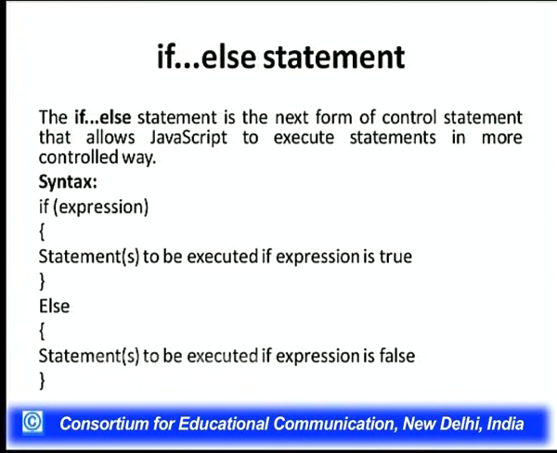The syntax will be similar to the if only. You write if, then you specify the expression, then you give some statements which will be executed if the condition is true, then you specify the else part, and in the else again you specify the statements which will be executed if the if expression evaluates to false.